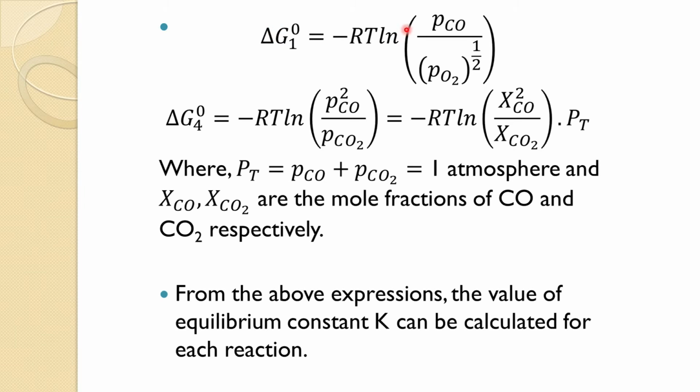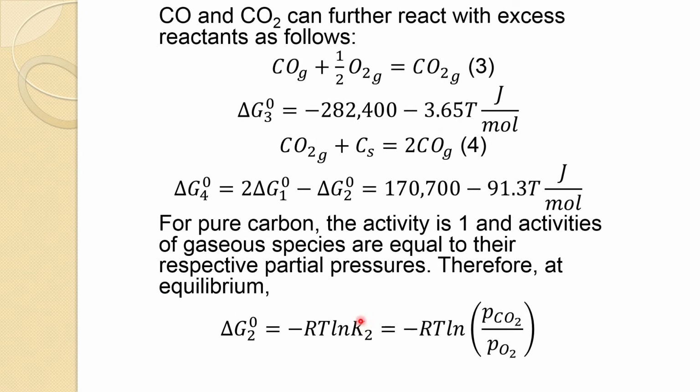So, log K you can get, and the delta G expressions you already know for these reactions, put that in, where R is the universal gas constant and T the temperature. So, temperature suppose is 2000 degrees Celsius at the tuyere level or 1900, one can calculate the equilibrium constant value.